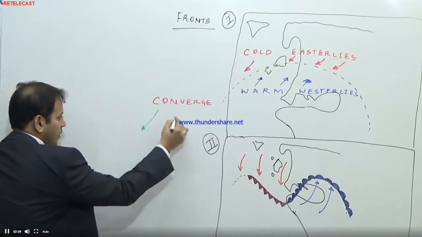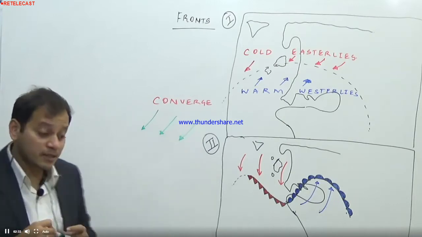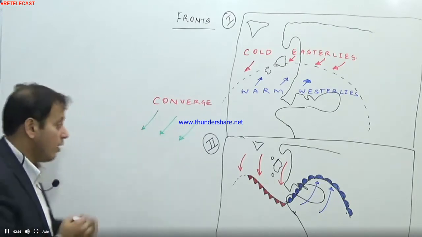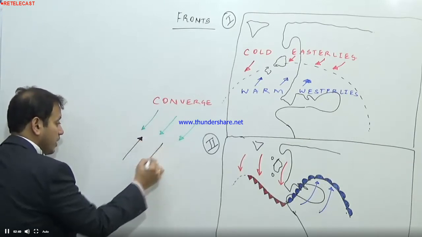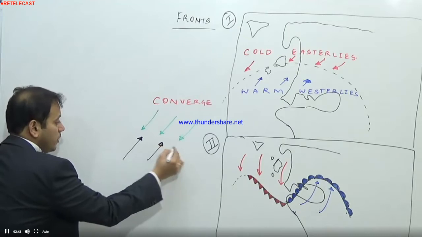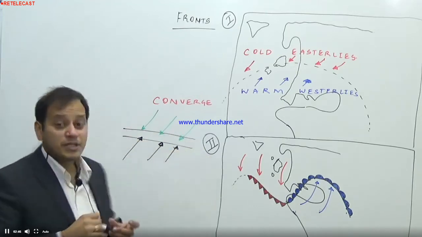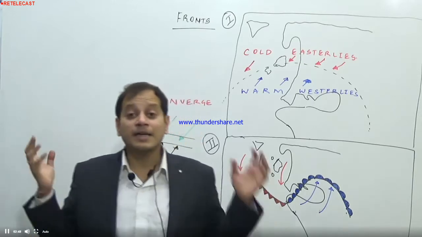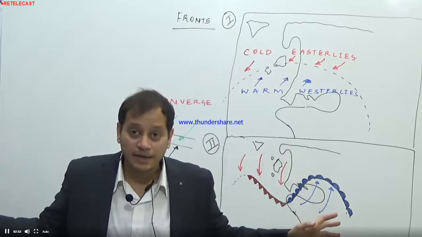And from near the equatorial regions, in the subtropical high pressure belt, warm westerlies originate and they come here to the subpolar low pressure belt. So the subpolar low pressure belt, which lies here between 60 to 65 degree latitudes, is a zone of convergence of two different wind directions.